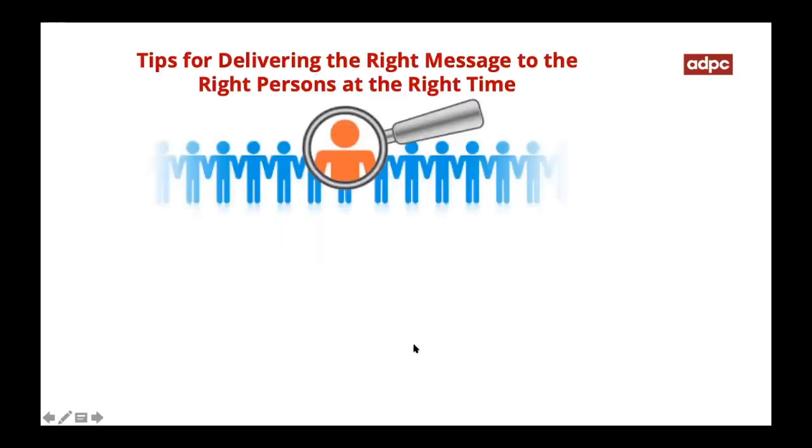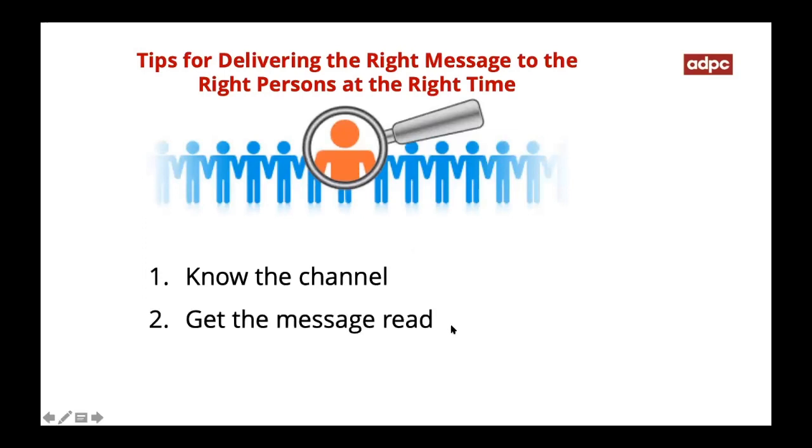So tips for delivering the right message to the right person at the right time. I'll just give you three, so it will be very easy for you to remember. Number one, know the channel. You've discussed the different channels or the medium. What medium are you using to get your message across? Know the channel, get the message read.